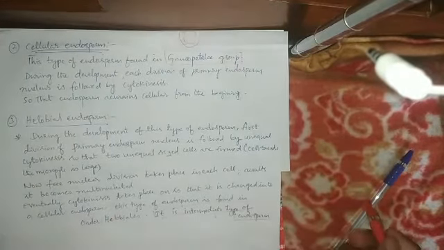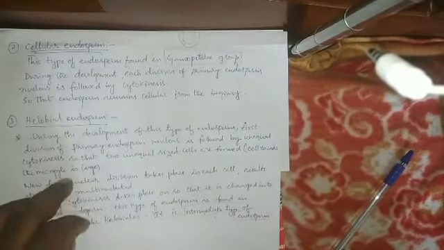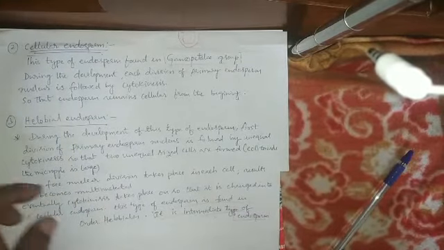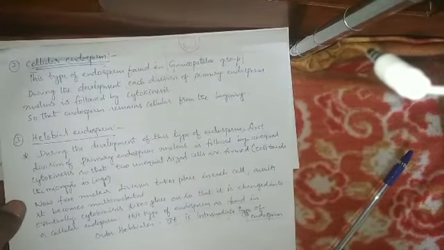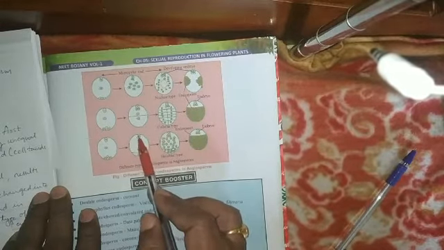During the development of this endosperm, the first division of the primary endosperm nucleus is followed by unequal division. The primary endospermic nucleus is divided by mitosis and two unequal sized cells are formed at the micropylar end. Towards the micropylar end, two unequal sized cells are formed, bigger and smaller.